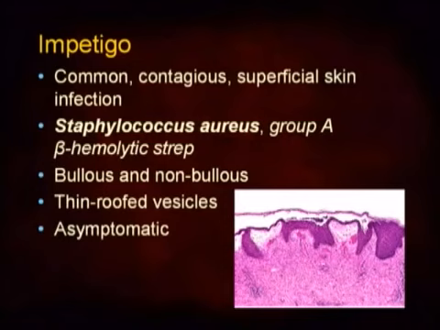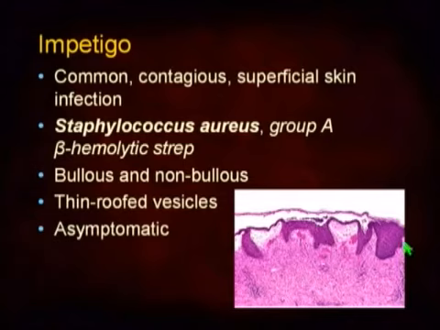Impetigo is a pretty common superficial skin infection caused by Staph aureus the vast majority of the time, although sometimes it can be caused by strep as well. And the staph produces a toxin that attacks the desmosomes that hold the keratinocytes together in the case of bullous impetigo. So once those desmosomes are damaged or destroyed, what you get is a separation within the epidermis, and that's what you're looking at.